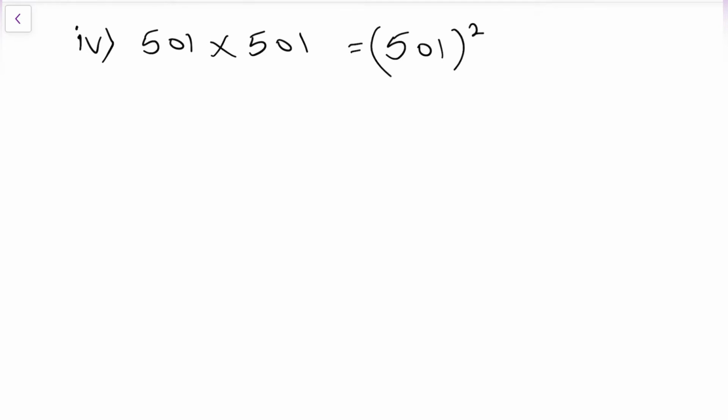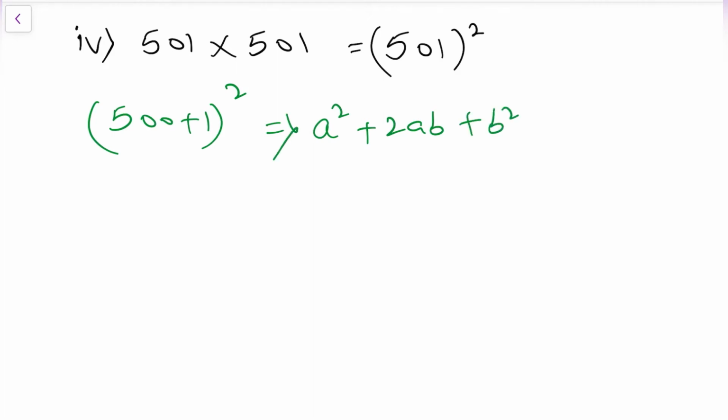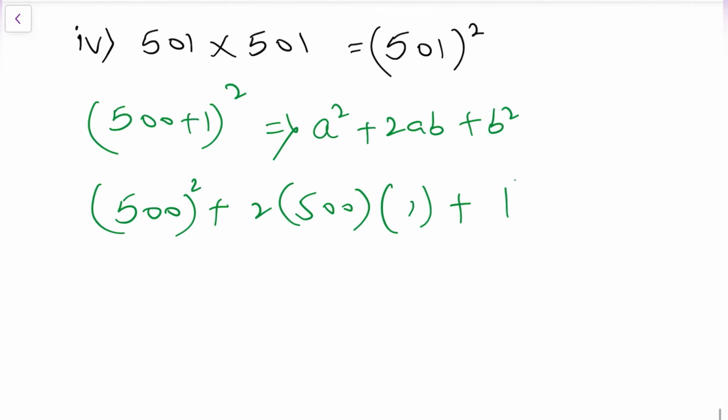501 into 501. Here 501 into 501 can be written as 501 whole square. Then 501 can be written as 500 plus 1 whole square. So now this is in the form of a plus b whole square, which is nothing but a square plus 2ab plus b square. So a square is nothing but 500 square, plus 2 into a, which is 500, into b, which is 1, plus b square, 1 square.